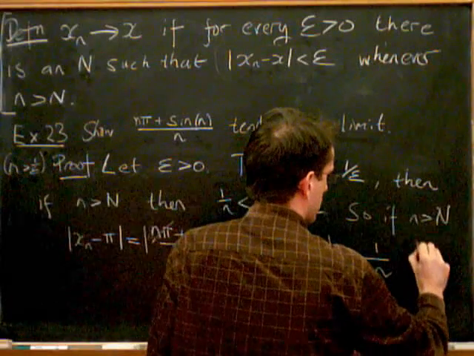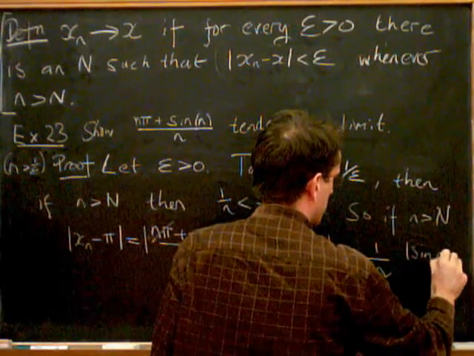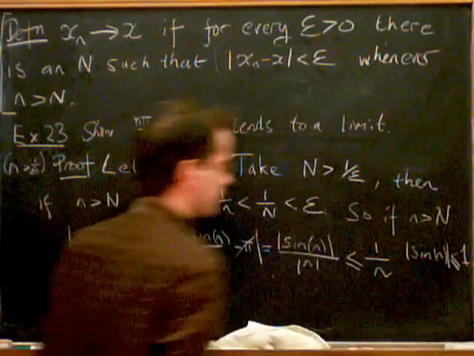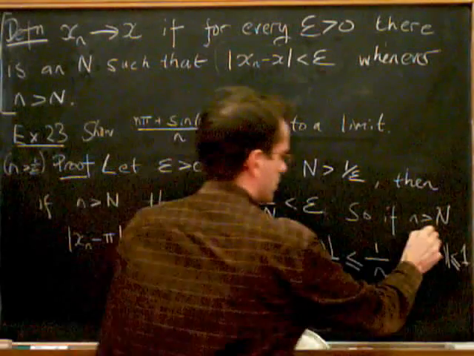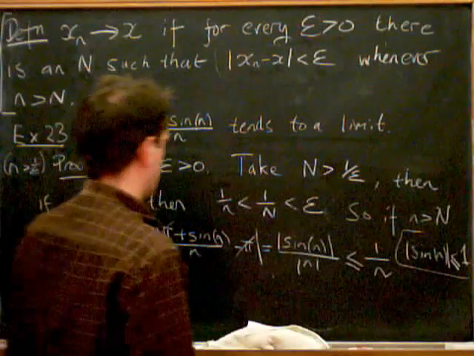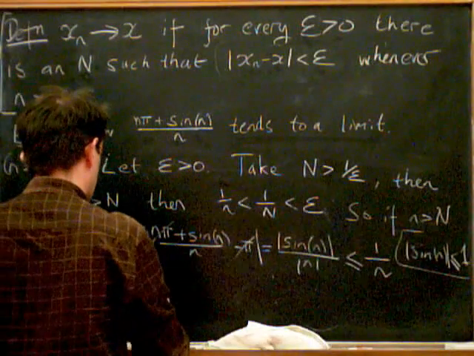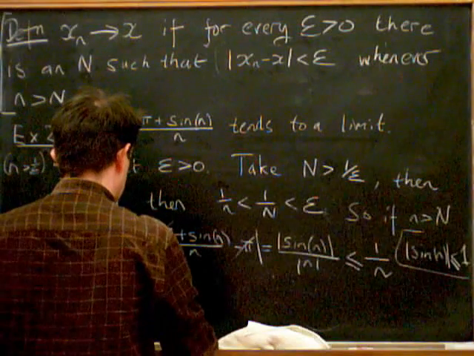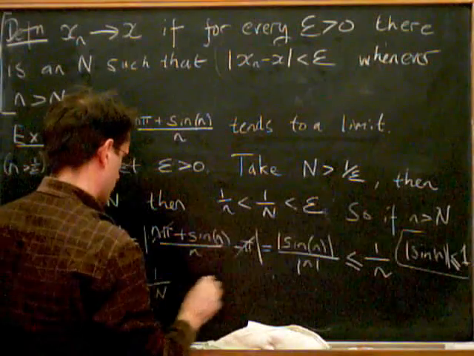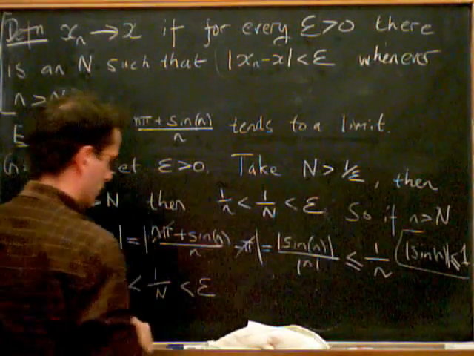So this is the modulus of sine n, which is less than or equal to 1. So that's less than or equal to 1 over n, but n is bigger than big N, so that's going to be less than 1 over big N, but big N is bigger than 1 over epsilon, so that's going to be less than epsilon.